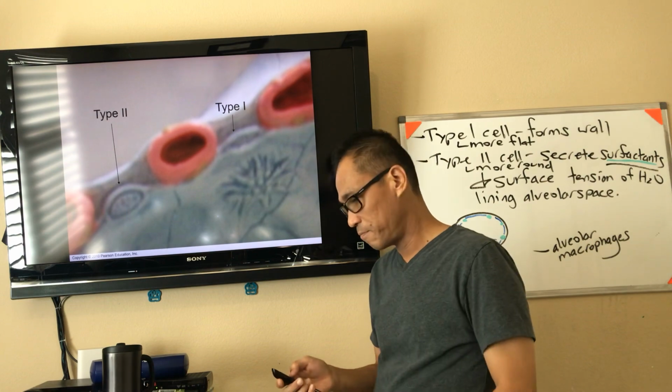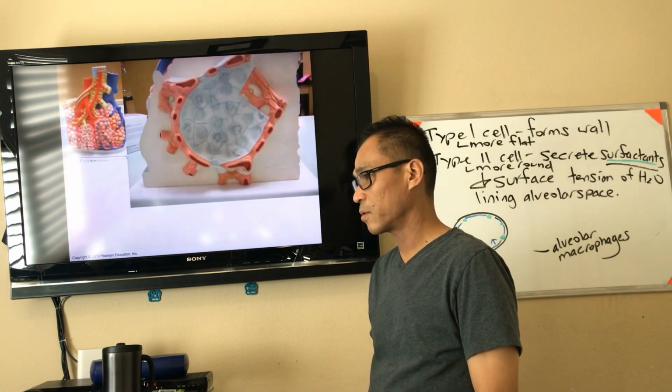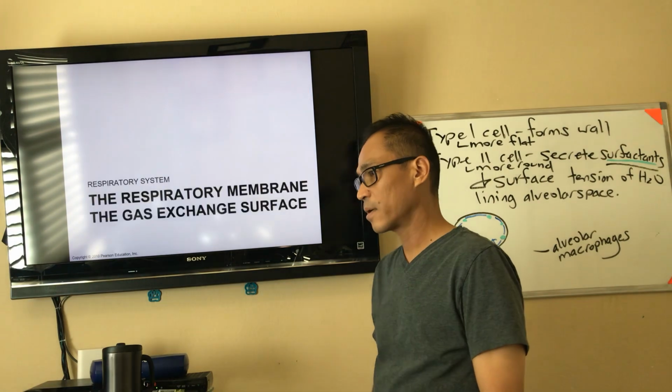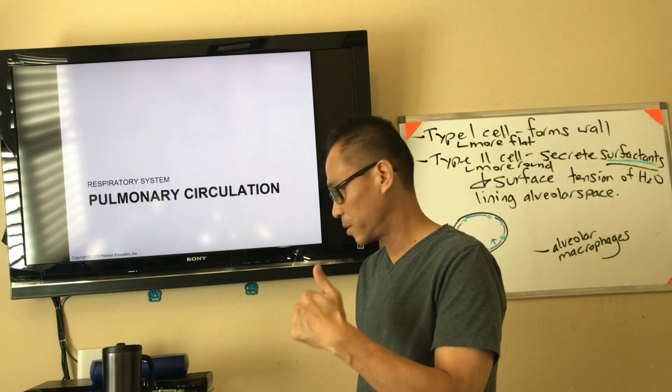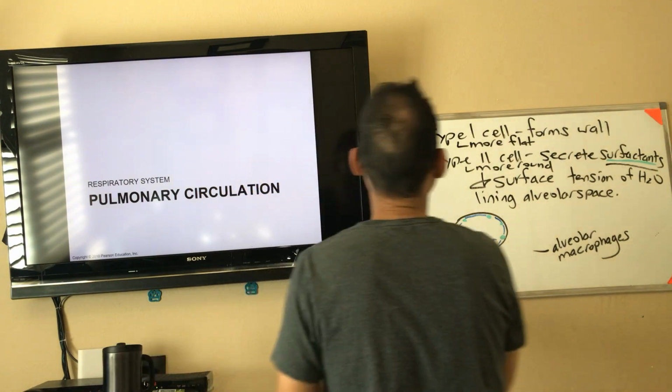And I think I glossed over the pulmonary circulation, so if you'll pardon me, I'm going to backtrack in case I did forget. I don't think I talked about this, so let's go over to be sure. It's covered.